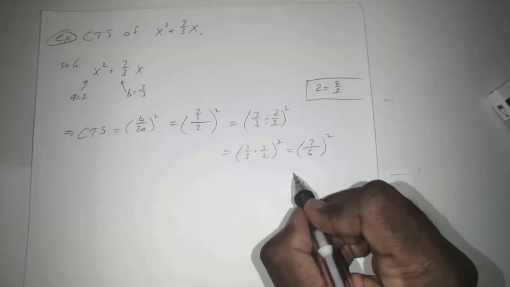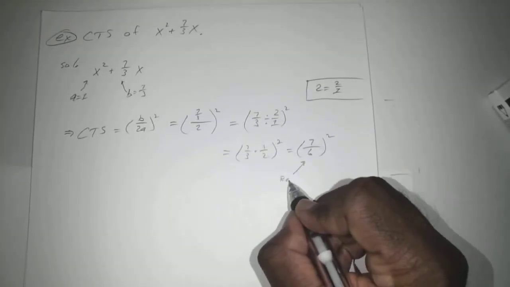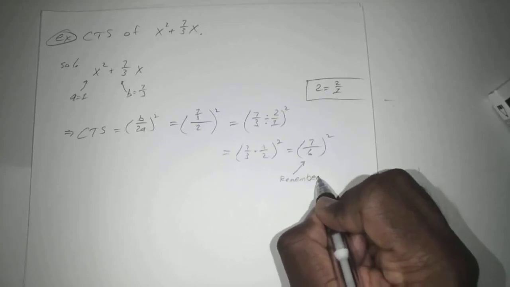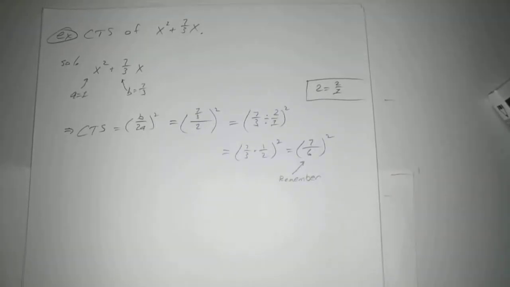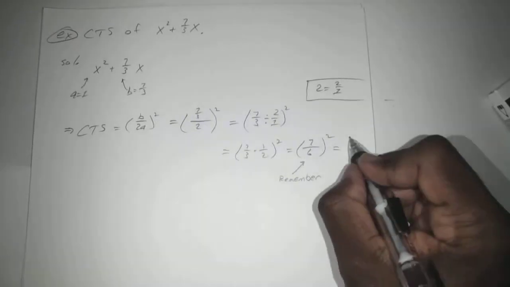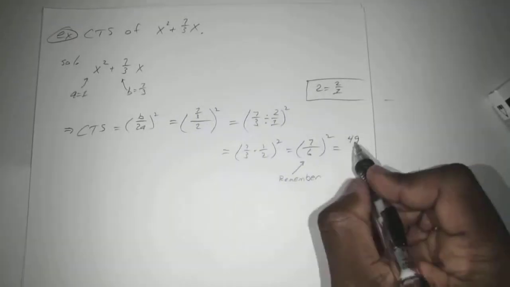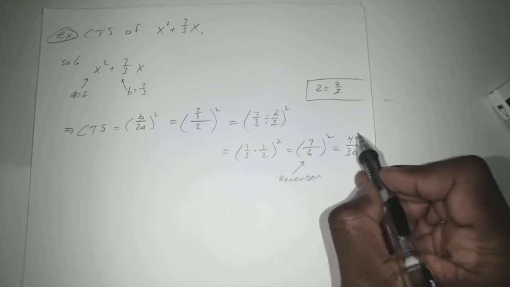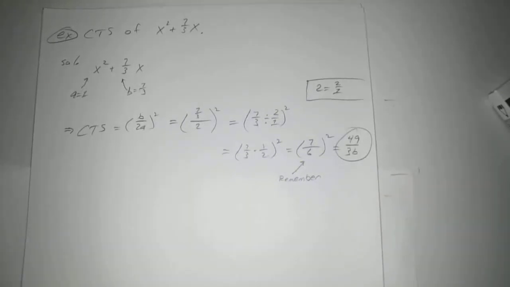Before you apply your square, you want to remember this value, because that's going to give you your perfect square. So this gives you 7 times 7, which is 49, over 6 times 6, which is 36. That's the value you're going to add and subtract.